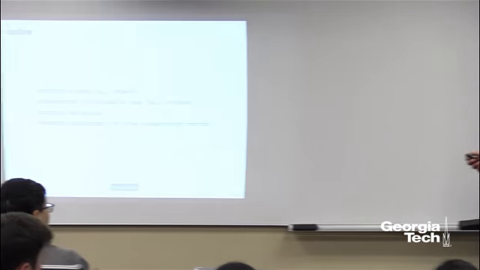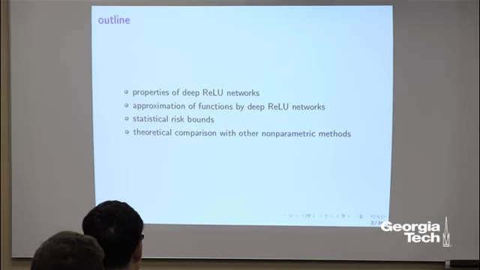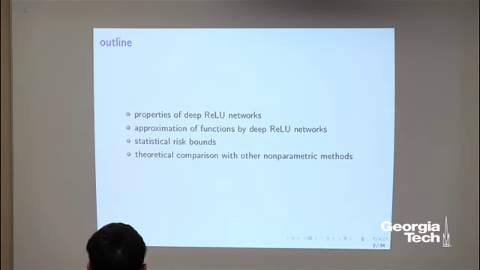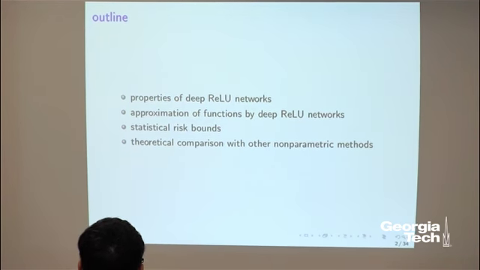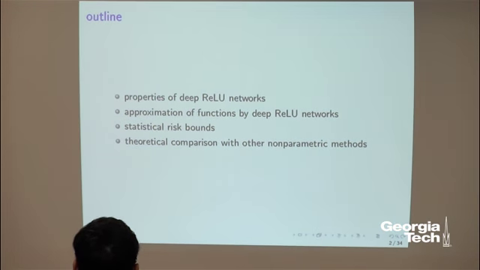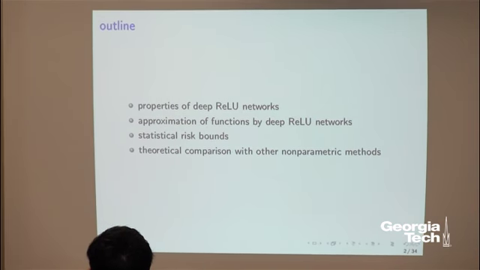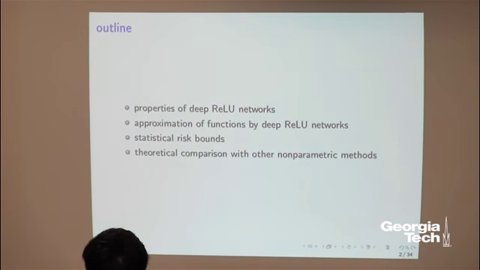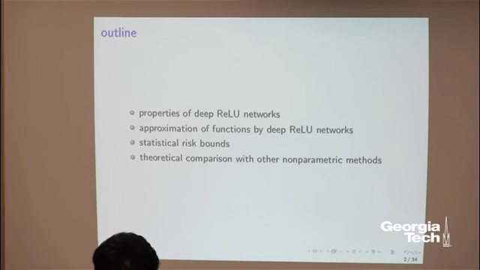Okay. So what we talked about last time was mainly the advantages, in terms of approximation properties, of additional hidden layers. And we stopped essentially around this topic of specific properties of deep ReLU networks.